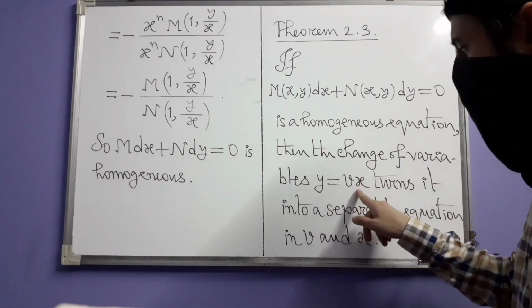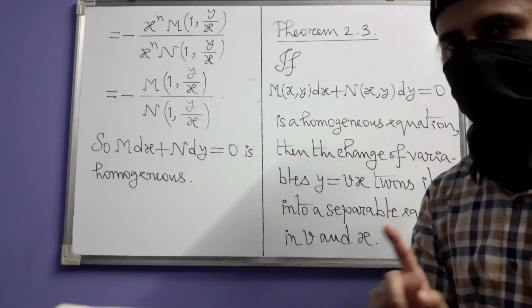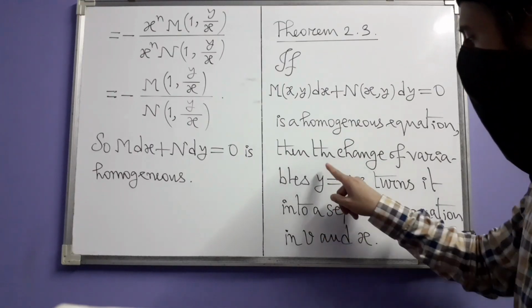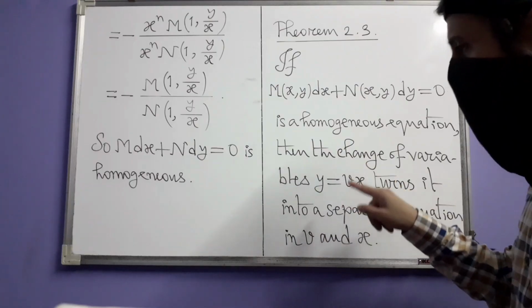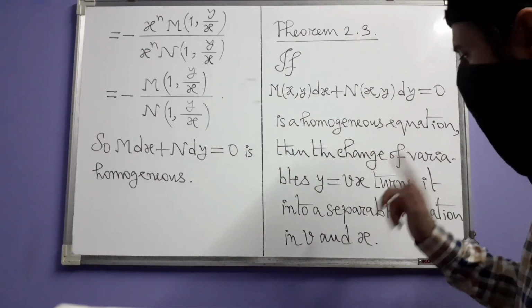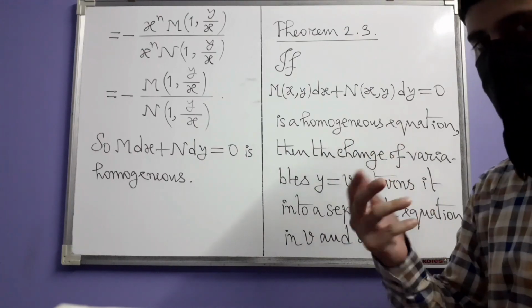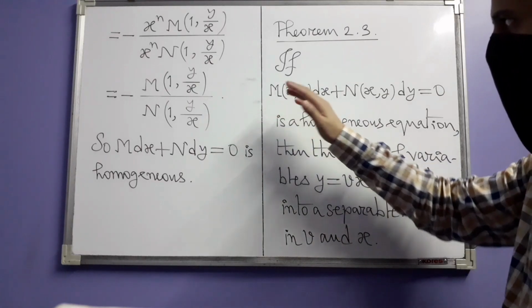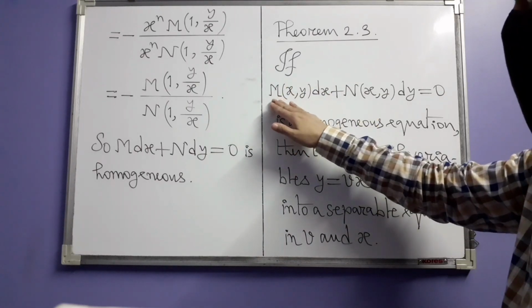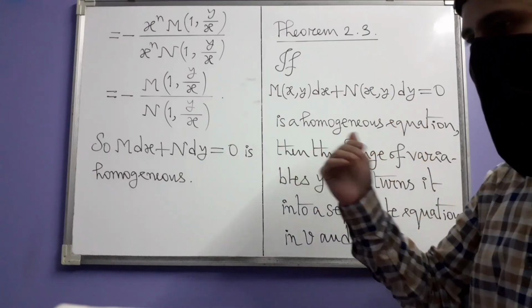You can see what will happen from this equation. If you differentiate both sides with respect to x, what are you going to get? Dy dx equals x times dv dx plus v, because dx dx is 1. So you can first turn this equation into derivative form.